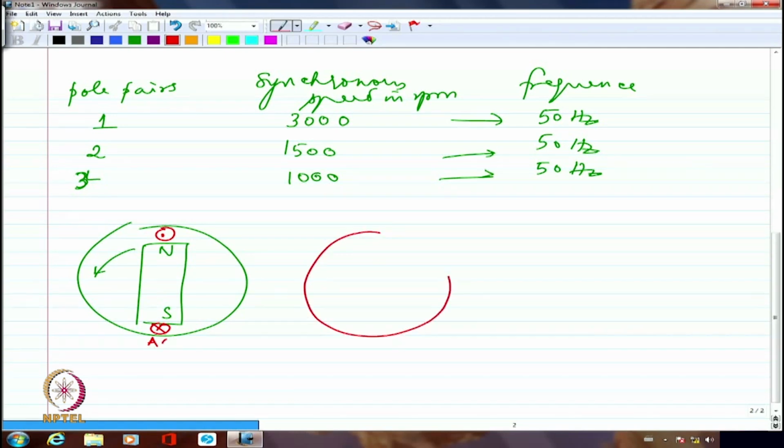Rather than that, if I have 1 A here, 1 A dash here, 1 more A1 here and 1 more A1 dash here, then I am going to have the poles as though this is a north pole, this is a south pole, this is a north pole, and this is a south pole. So that is equivalent to 4 poles being rotated. Right? That's what it is.